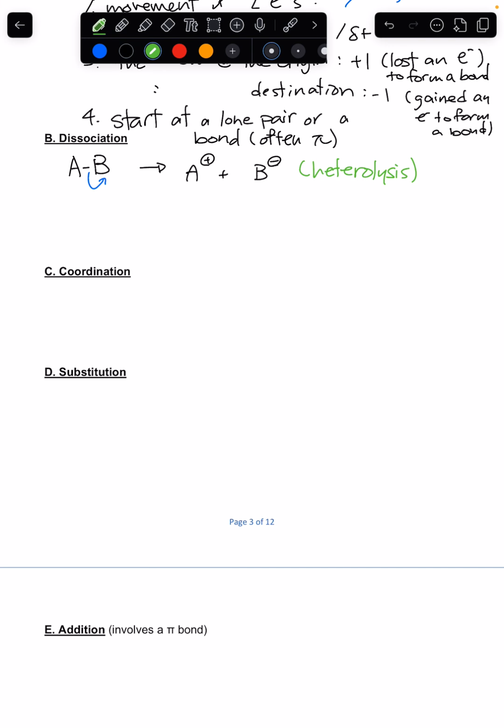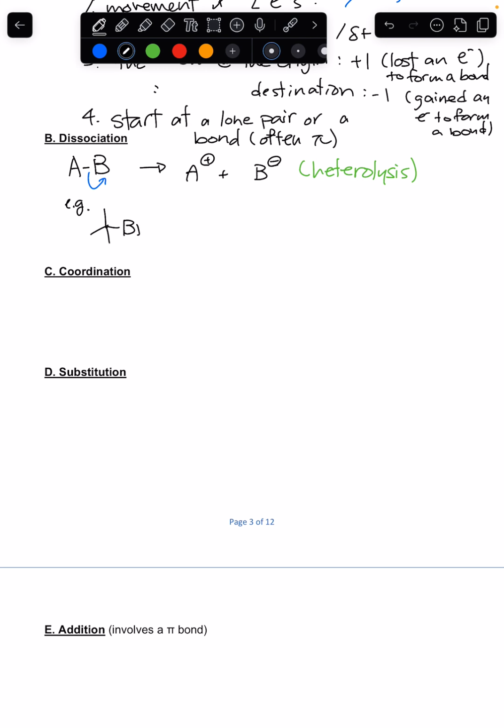So there's an unequal distribution of electrons, hence heterolysis. There's also homolysis, where two atoms get one electron each to break up a bond, but we won't think about that until the end of the semester.